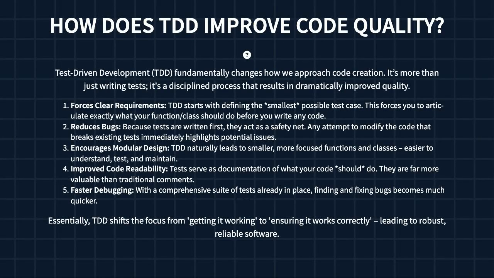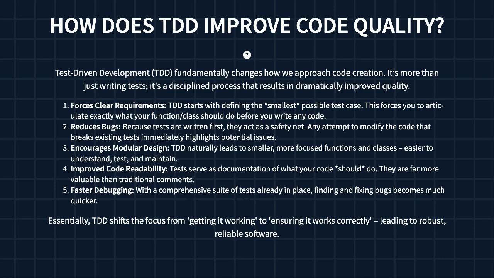Let's talk about how TDD boosts code quality. The core idea is that you write your test *before* you write any of the actual implementation code. This might seem counterintuitive at first, but it actually forces you to really think through exactly what your function or class should do, clarifying your requirements up front.